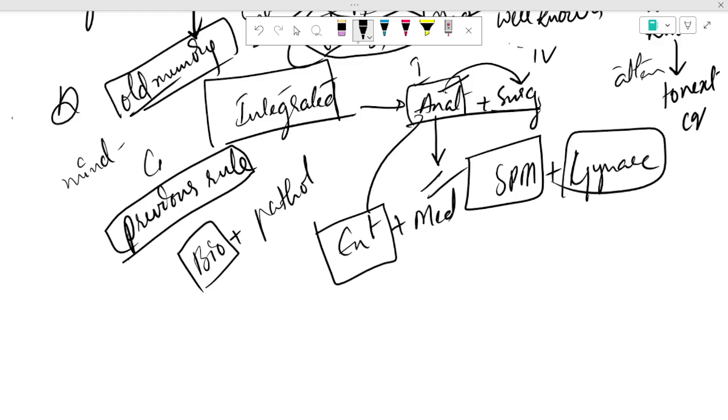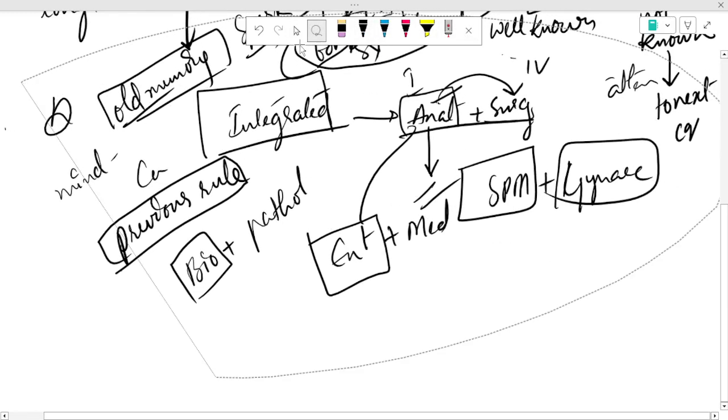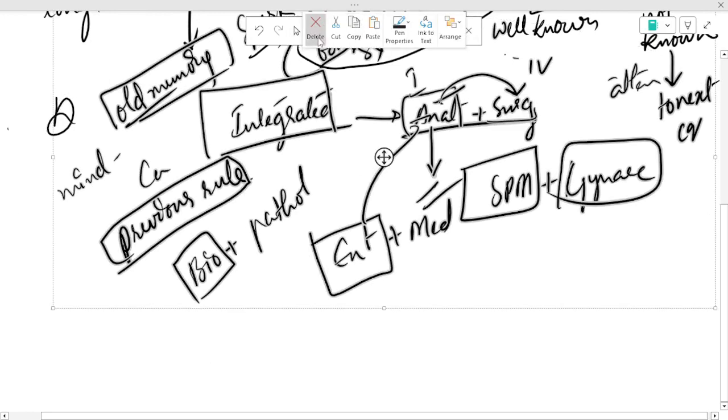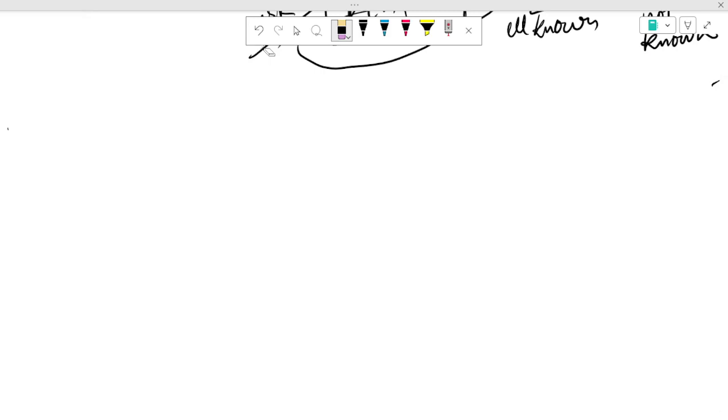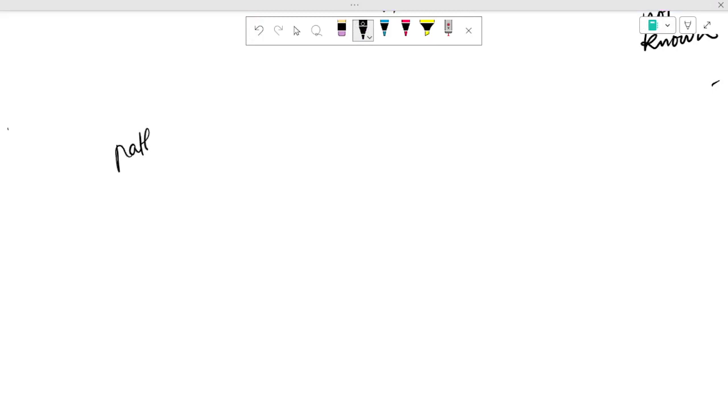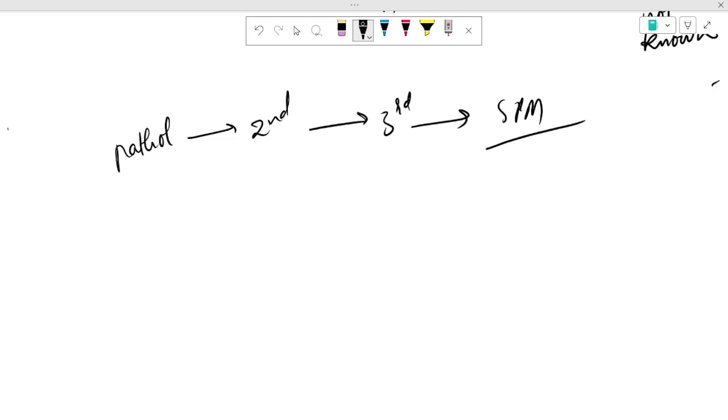It's something like a computer. Now for example, if you read a topic in biochemistry, obviously by the time you come to the final year, ultimately you will forget the topic. I will tell you one simple fact. If you read pathology and finished your second year, now if you go to third year, and you are about to write your SPM final examination, if someone asks you the pathology topics, you cannot tell.